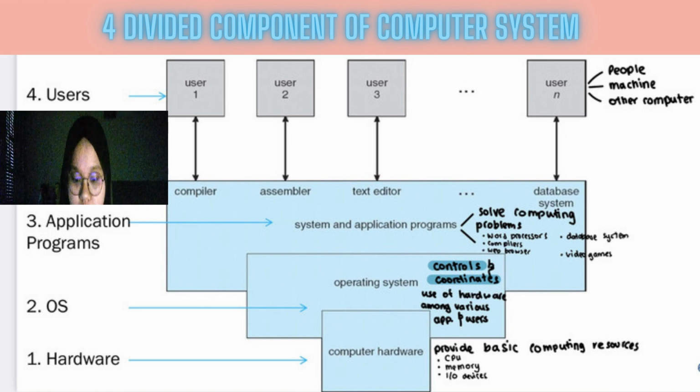System and application programs use computing resources to solve computing problems, and they consist of a word processor, compilers, web browser, database system, and also video games. Users can be people, machines, and other computers.